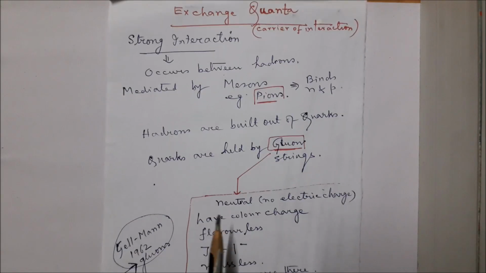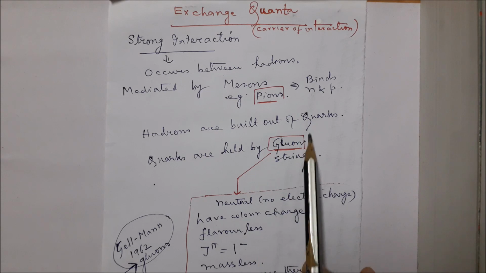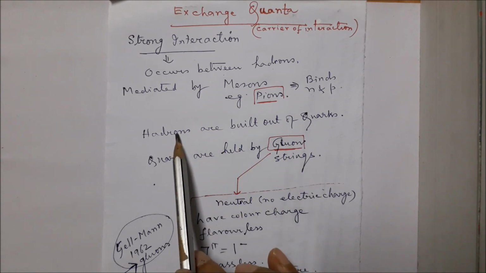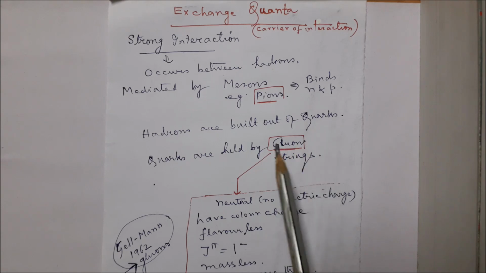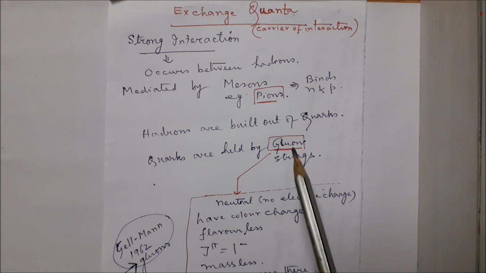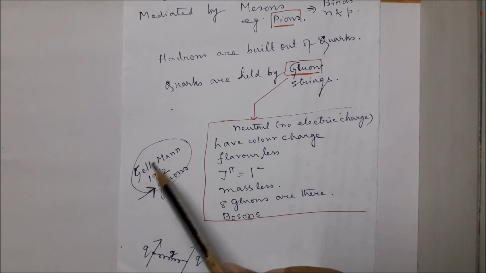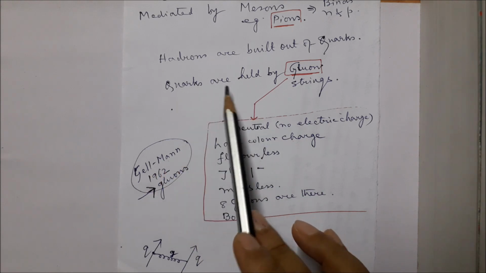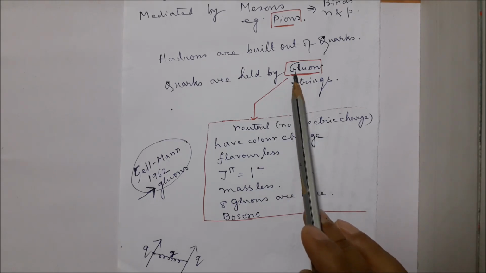Again, hadrons are built out of quarks. So the constituent quarks within the hadrons, they too need a communicator, a mediator, or an exchange quanta. And it is said that according to Gell-Mann theory, which he gave in 1962, the quarks are tied up through strings which are called gluon strings.